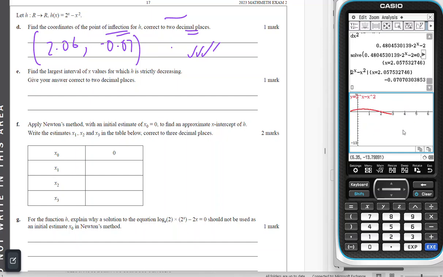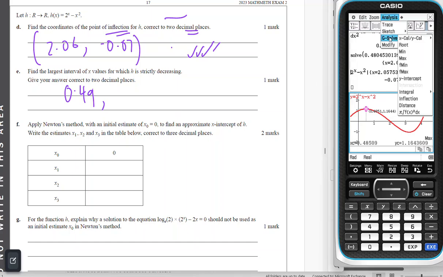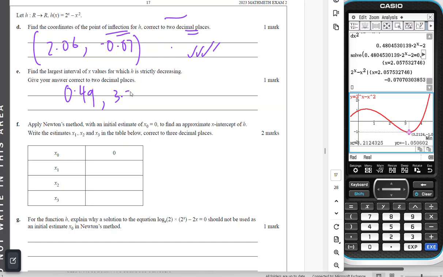So if I go analysis, G solve max, that tells me that it is 0.4, 2 decimal places, 9, and analysis G solve min, and that is 3.21. So 3.21, and it's strictly decreasing, strictly, so square brackets.